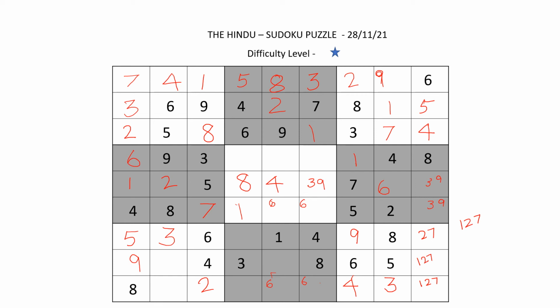This becomes a complementary pair. In this row only one cell is missing. Since we have a complementary pair 2, 7 here, this becomes a complementary pair 2, 7. So as of now, let's mark it as 2, 7.